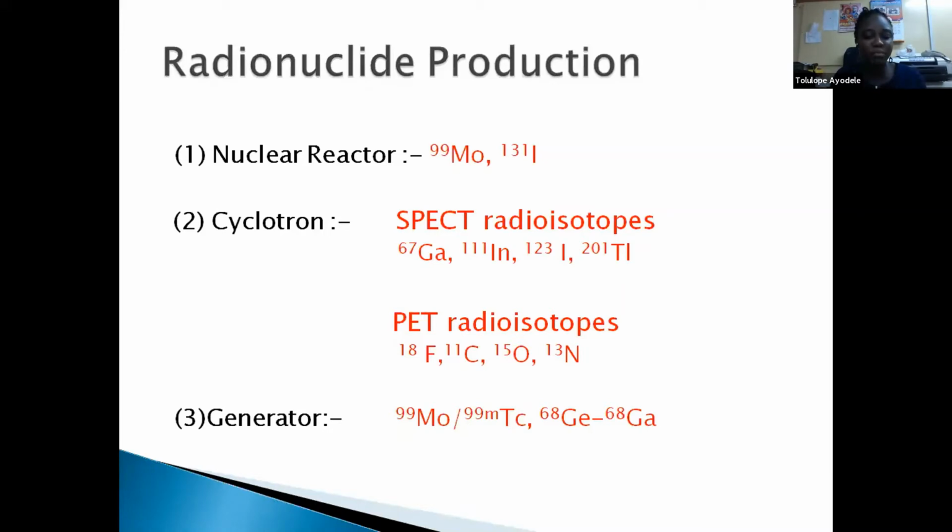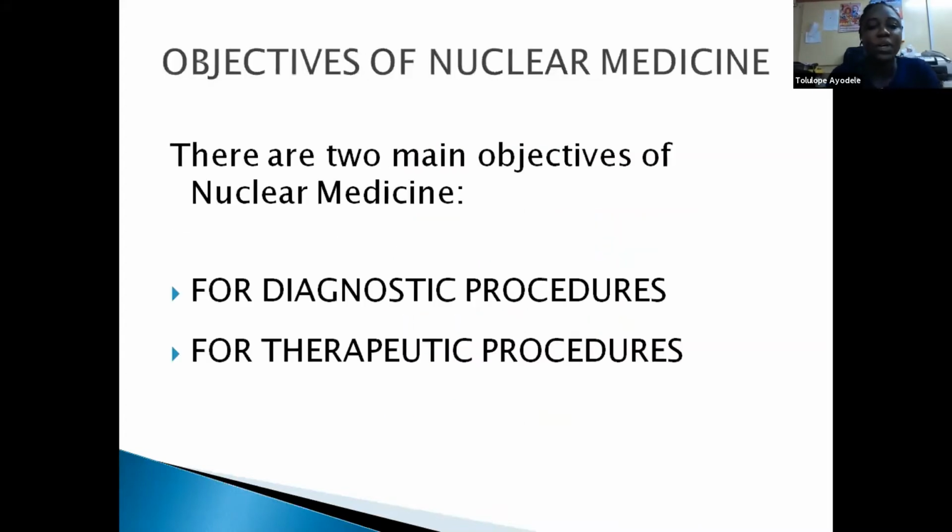As I said earlier, technetium-99m is the most widely used radionuclide in nuclear medicine or radionuclide imaging. Another example of a generator-produced radionuclide is germanium-68, gallium-68.